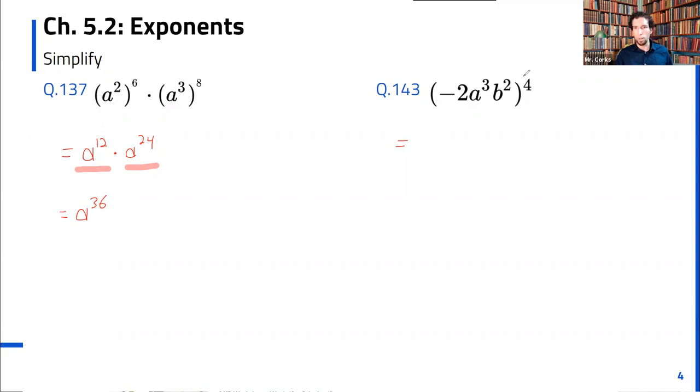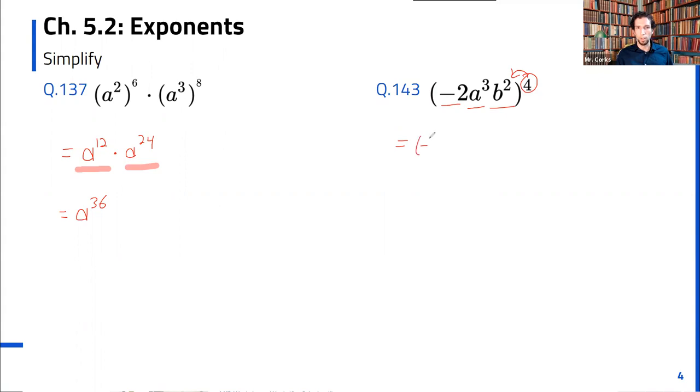So we'll take the exponent on the outside, and we are going to apply that exponent to 1, 2, 3 things on the inside here. It's the reverse of factoring, like expanding. So get rid of the brackets here.